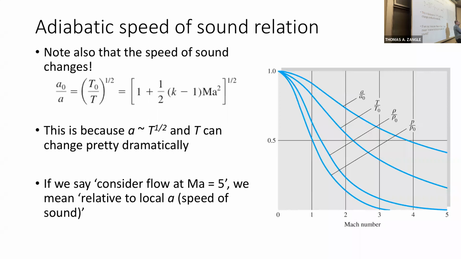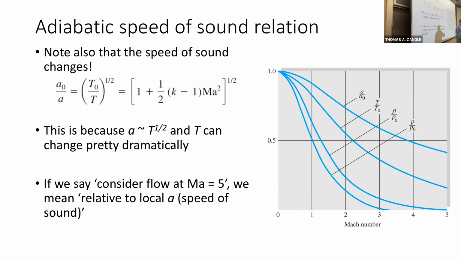If you wanted to say what is the Reynolds number for flow around the plane, you would use the velocity at which the plane is moving through the air, and the overall length of the plane, to come up with an overall Reynolds number. So similarly, if you wanted to describe an overall Mach number for that plane, you would take the velocity of the plane relative to the speed of sound in the atmosphere, far away from the plane.